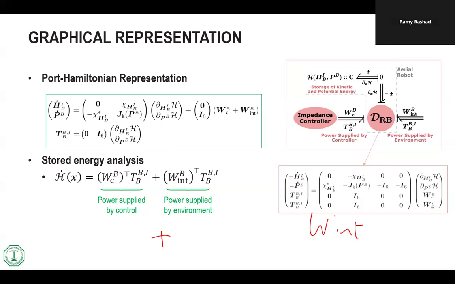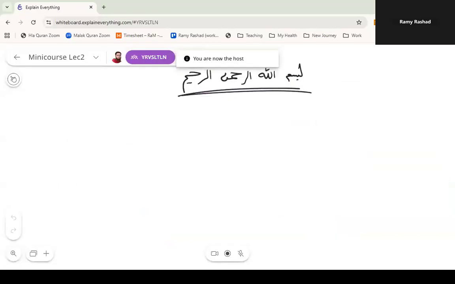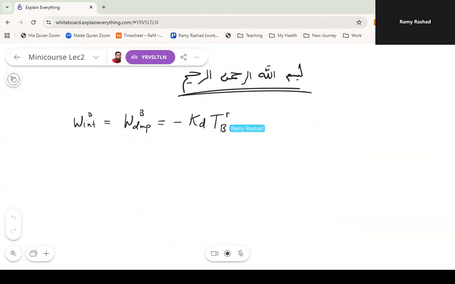Okay, one second. So let's say that you assume that the interaction wrench is not really for interaction, but it's simply a damping wrench. And it's equal to minus KD multiplied by the twist.